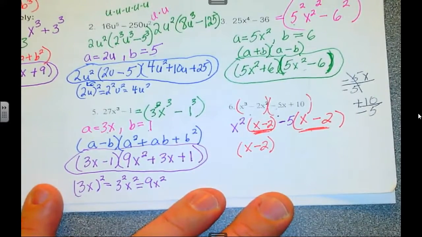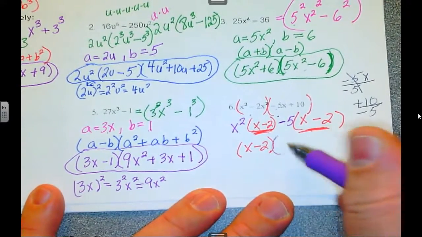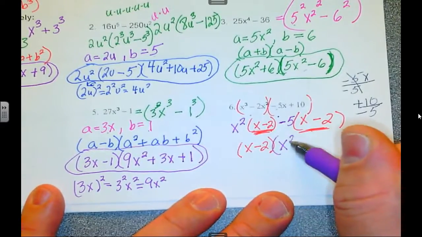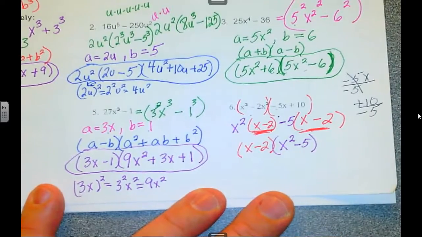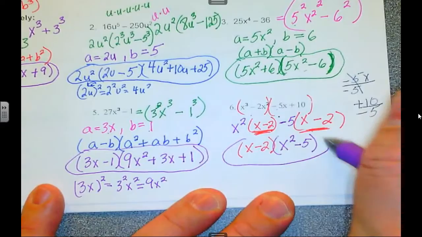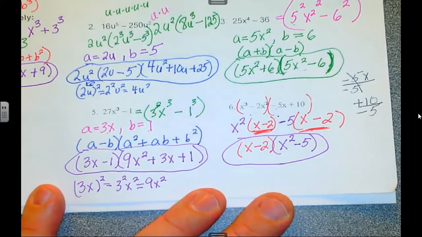If you're factoring by grouping and you don't get the same quantity, you did something wrong. What am I left with? That's right, x squared minus 5. And I just factored that by grouping. Pretty cool, huh?